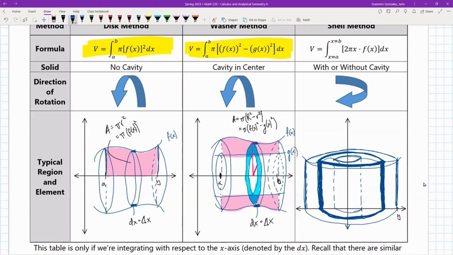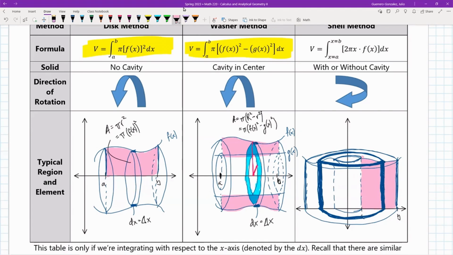Okay. So let me highlight the things that we want to take a look at, right? Remember how I said it's from A to B. So it's this region right here that we're trying to revolve around the y-axis, right? Does that make sense? That'll give us our outside shape.